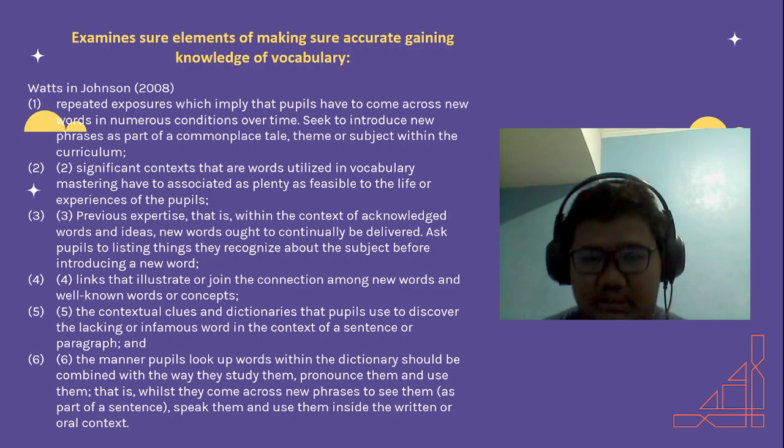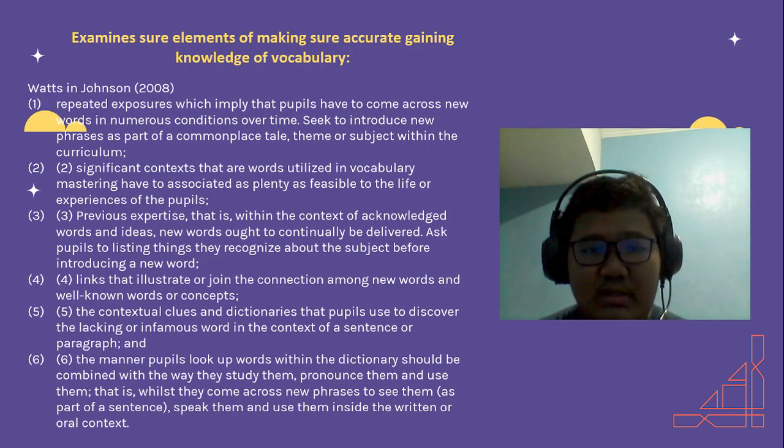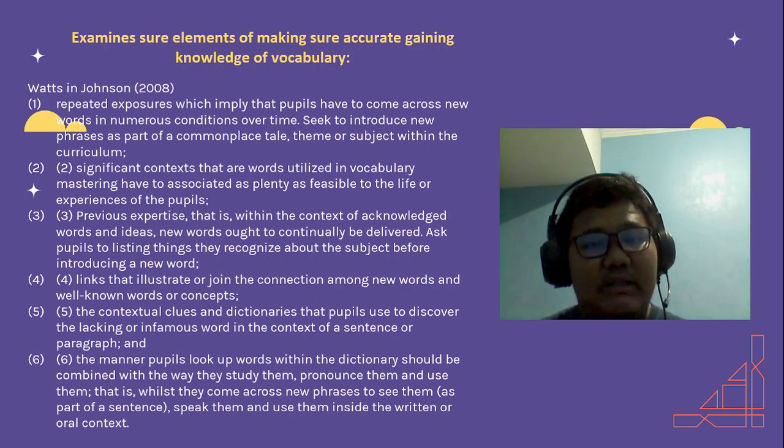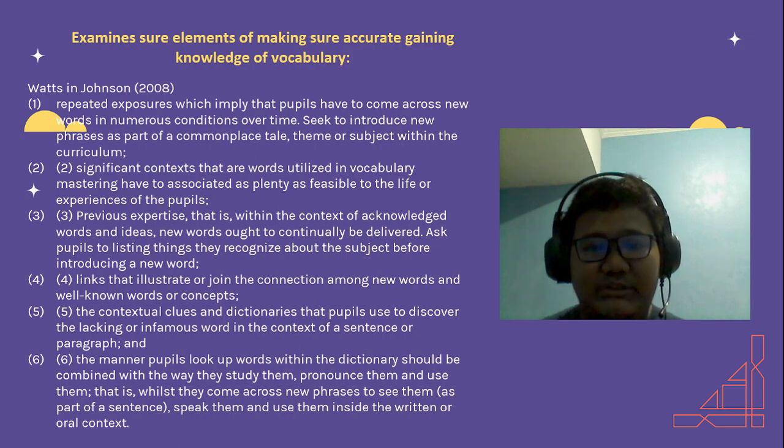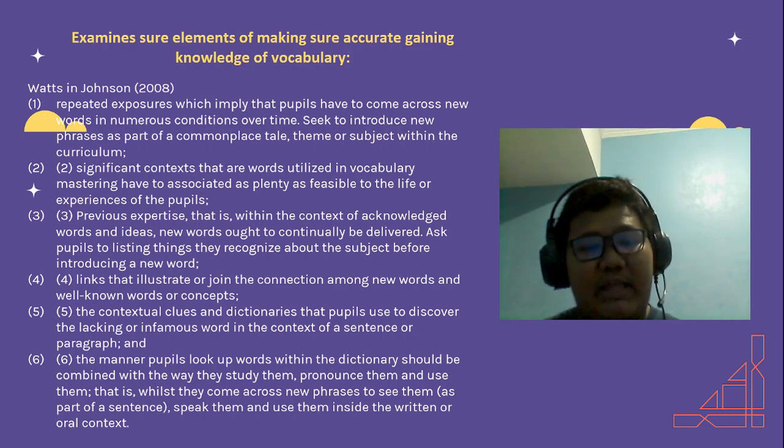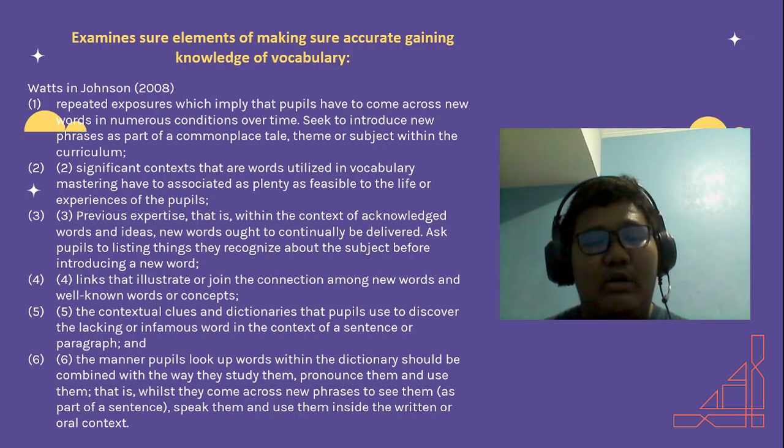And six, pupils looking up words within the dictionary should be combined with the ways they study them, pronounce them, and use them. That is, will they come across the new phrases to see them as part of a sentence, speak them, and use them inside the written or oral context.